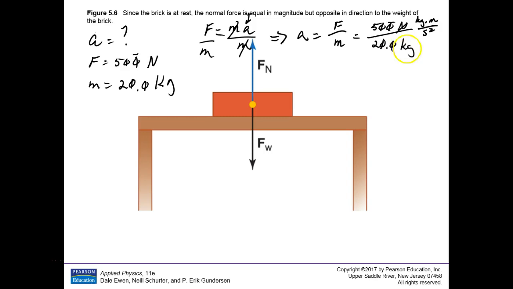And then when you do that, you notice the kilograms will cancel out. Okay? And 20 will go into 500. Anyone do that in your head? 20 go in 50 twice. 2 times 20 is 40. Remainder 10. Bring down the 0. 20 will go into that 100 5 times. Okay?